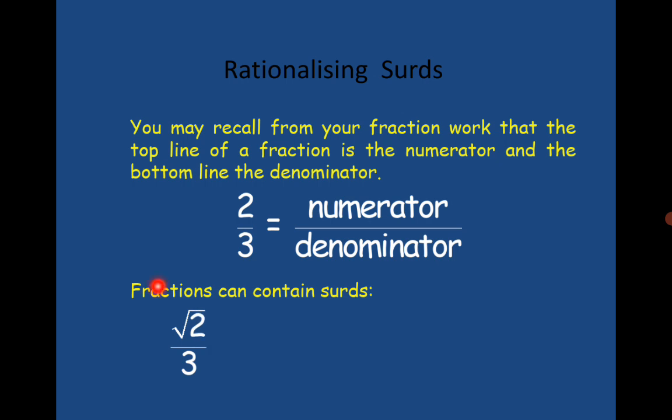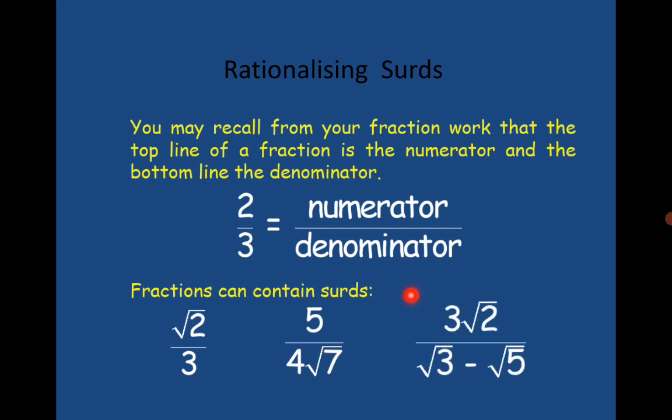For example, we have root 2 over 3. So in this case, root 2 is a surd or irrational number. You can also have 5 over 4 root 7, where in this case, root 7 is irrational or a surd. Or you can have something like this, 3 root 2 over root 3 minus root 5. So you can have fractions of this nature in mathematics.